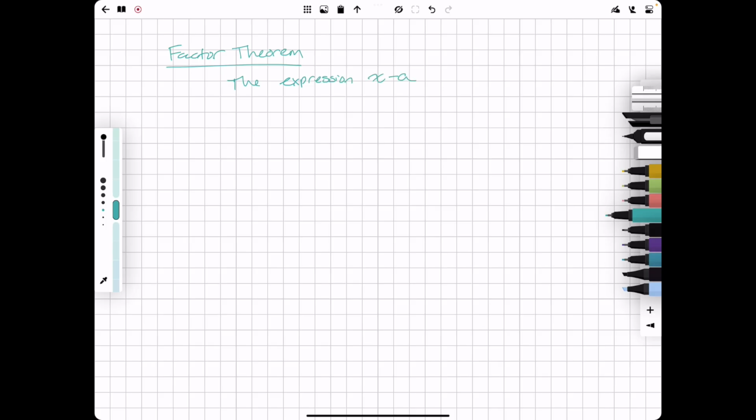Okay, the expression x minus a is a linear factor of a polynomial if and only if the value of a is a 0 of the related polynomial function.